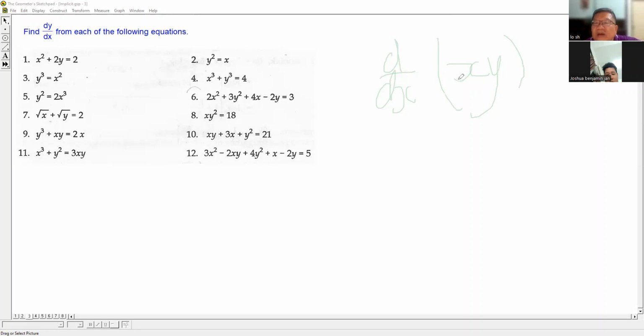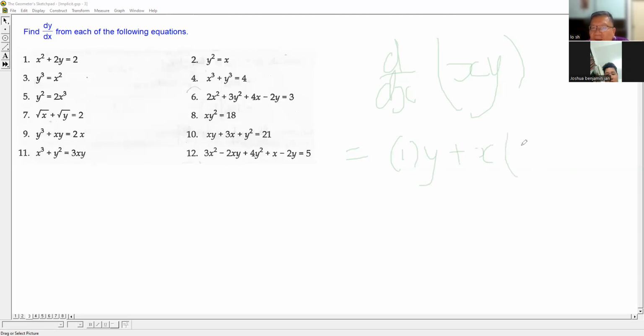Product rule means I have to differentiate one, then keep the other one. Differentiate x, become 1. Then the y, I just keep the y. Don't differentiate the y. Plus, now I keep the x, then I differentiate the y.